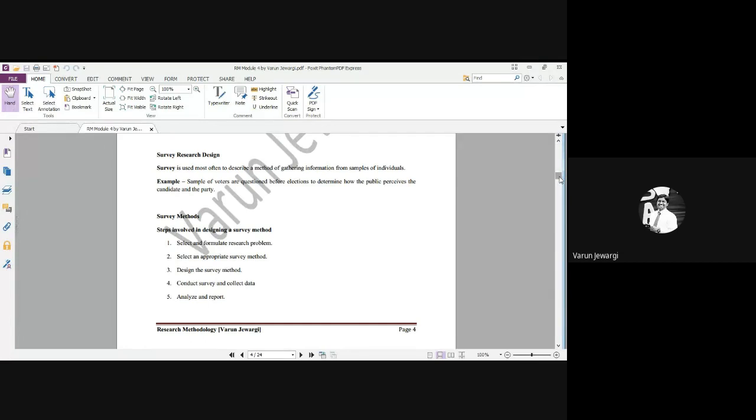Example: voters are questioned before an election to determine how the public perceives the candidate and the party. They come to the people and ask, what do you feel about this particular political party? I don't want to talk about the parties now, just an example, students. Or people might ask what the government is doing at present, or how India performed in the recent match between India and New Zealand.